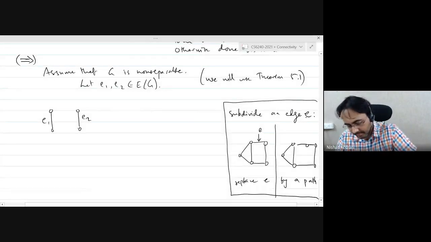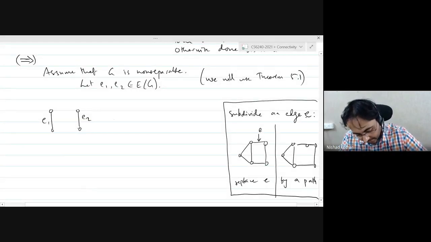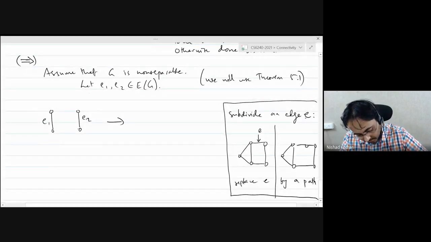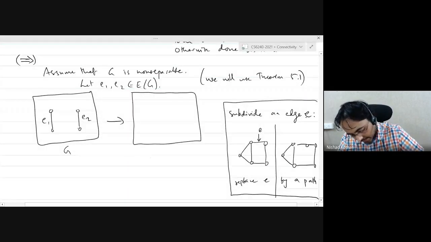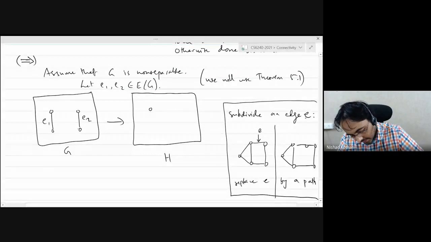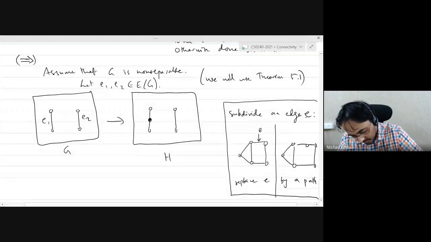Okay, so let's look at that graph. What I'll do is subdivide both the edges E1 and E2. So this is my graph G, and we will get a graph H by subdividing E1 and E2 both. Let me put the subdivision vertices like this, V1 and V2.